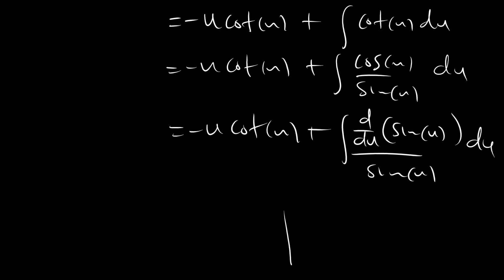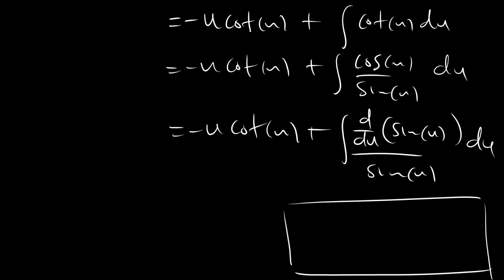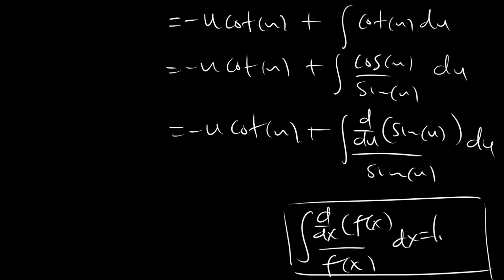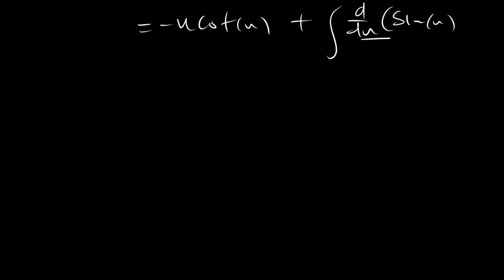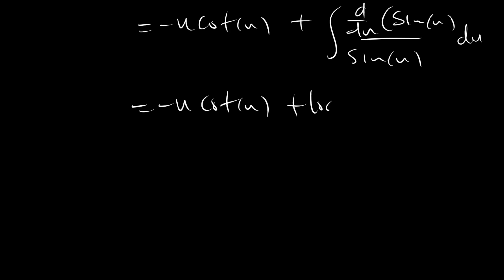And we know this integral: if we have the integral of the derivative of f(x) over f(x), it gives the log of f(x) plus c. Knowing that, it means that we have plus the natural logarithm of sine of u plus c.